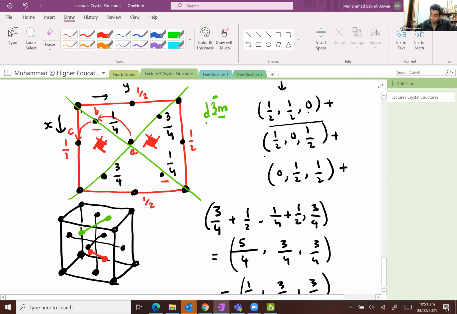And what about the glide plane? Now there is also a glide plane. And how do we know that? So if I were to take this atom here, let me change the color.